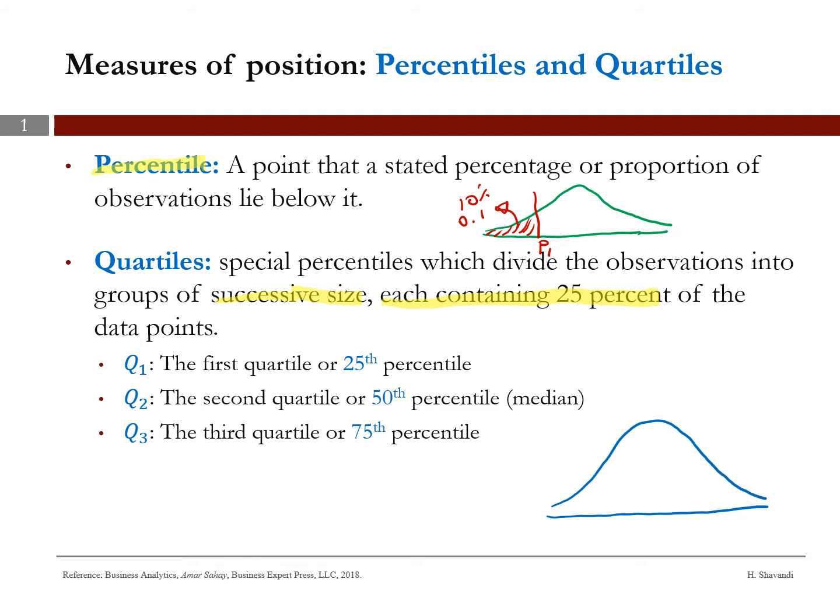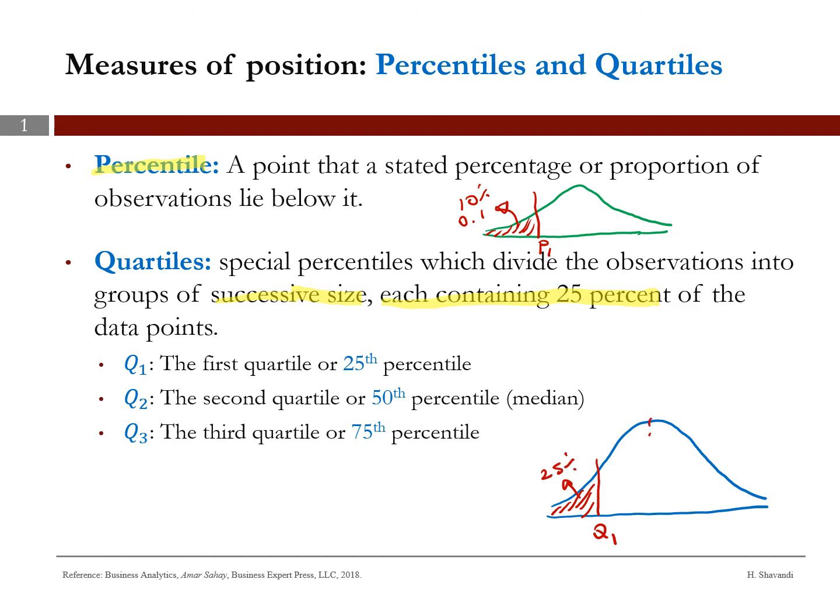Q1 would be here, where 25% of the observations or data points would lie below Q1.